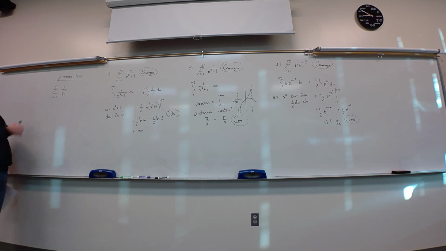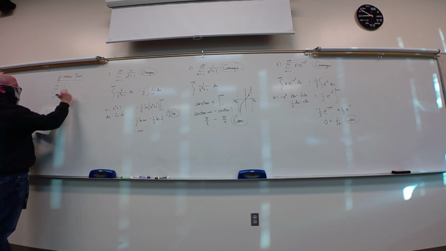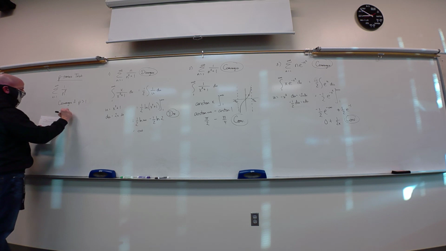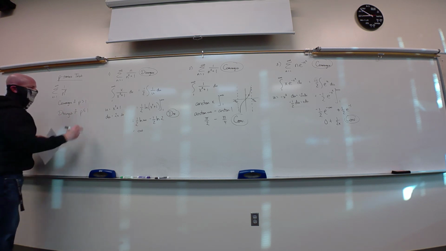So I'm going to have 1 over n squared, 1 over n cubed, 1 over n to the 1/2, but there's a power on that n sitting down there. It converges if p is greater than 1, and diverges if p is less than or equal to 1.